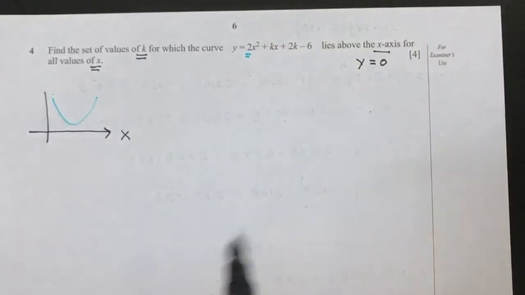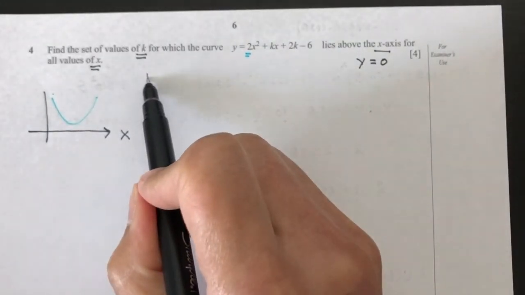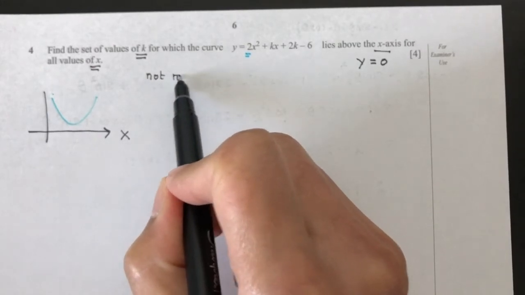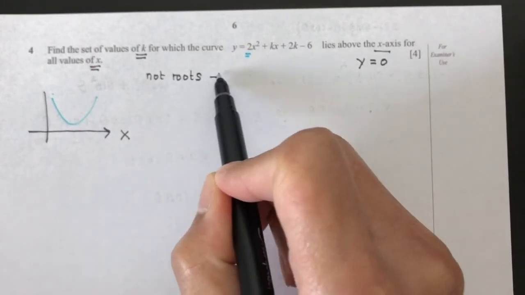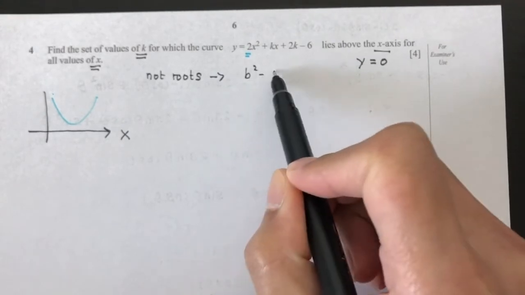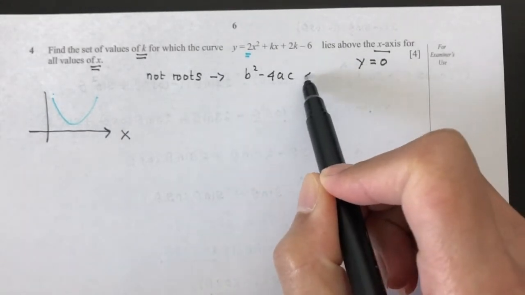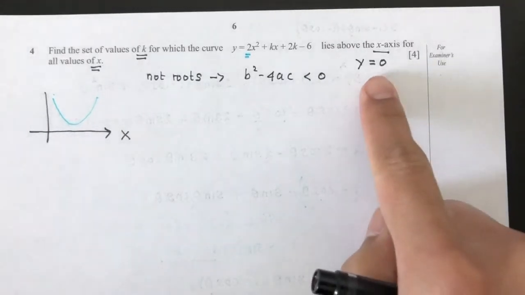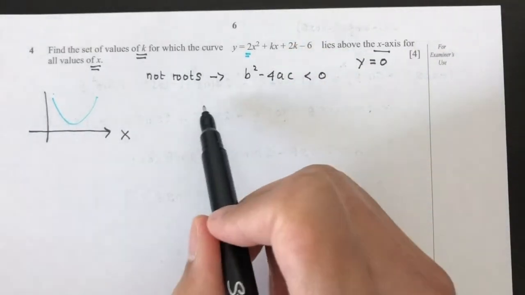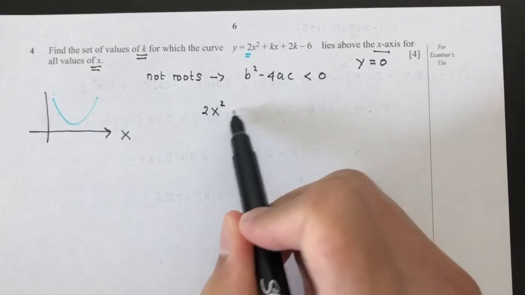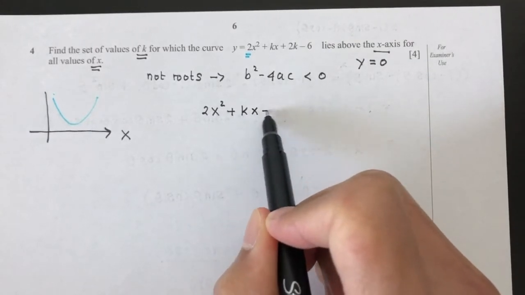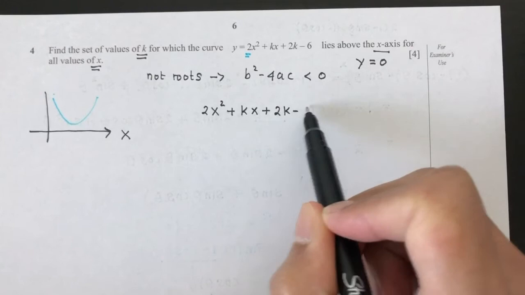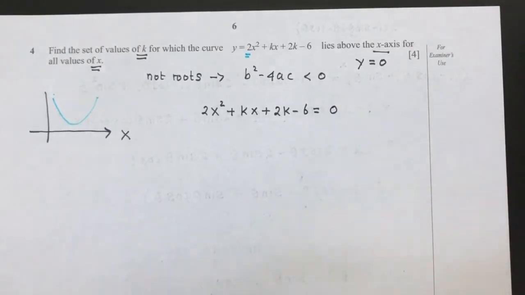So therefore, if they don't touch, we have no real roots. Then that means b squared minus 4ac has to be less than 0. So let's solve simultaneously for these two equations. So you will have 2x squared plus kx plus 2k minus 6 is equal to 0.